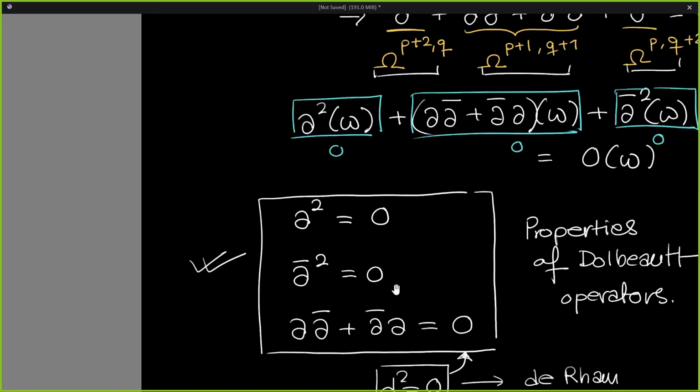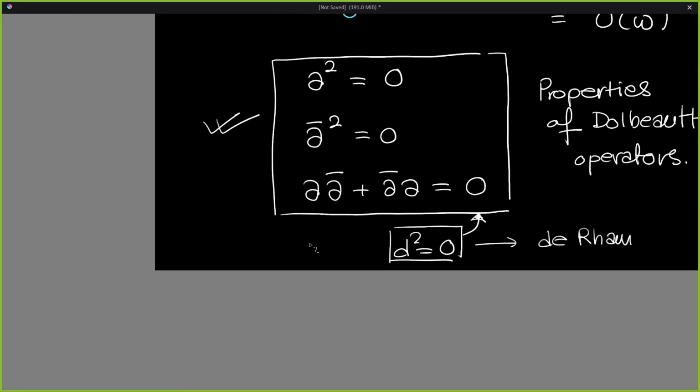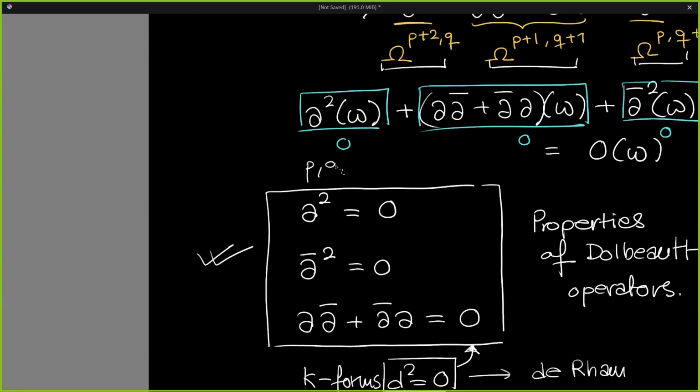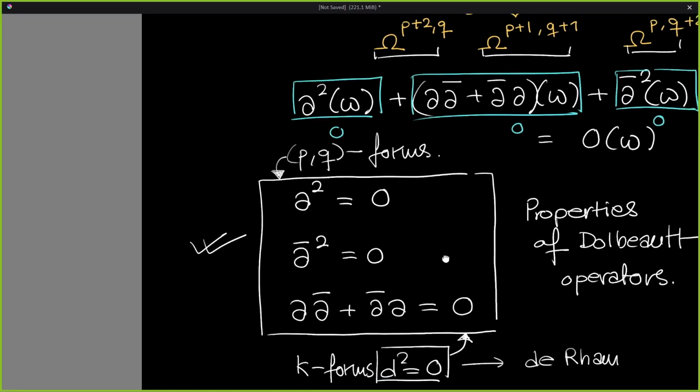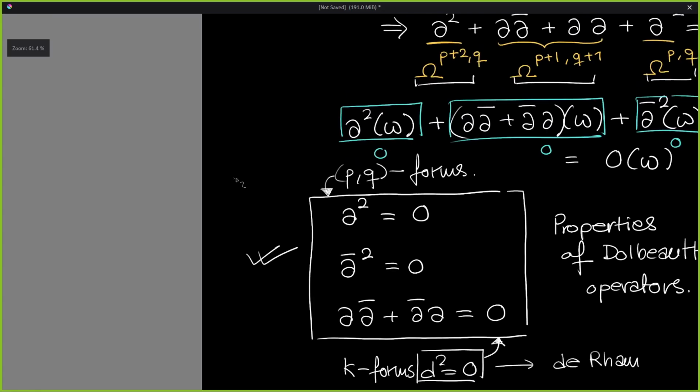It gets more complicated because instead of just having k forms, we now have pq forms, where p plus q is equal to k.